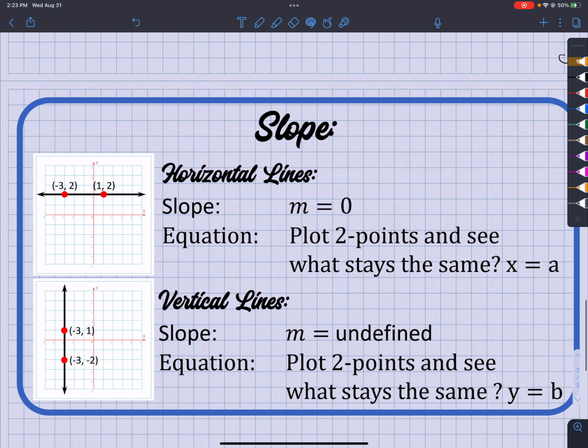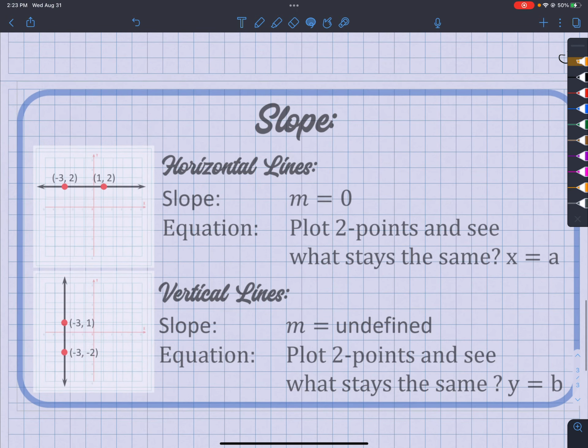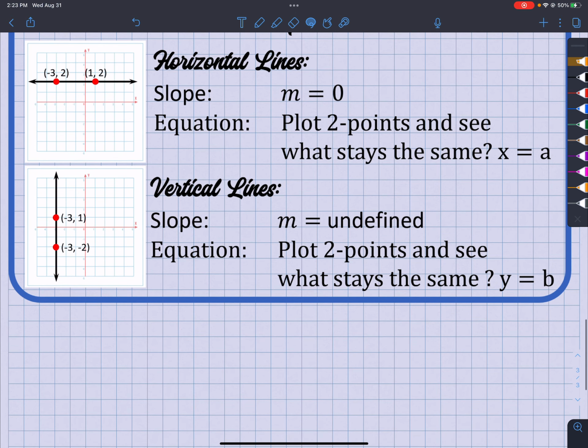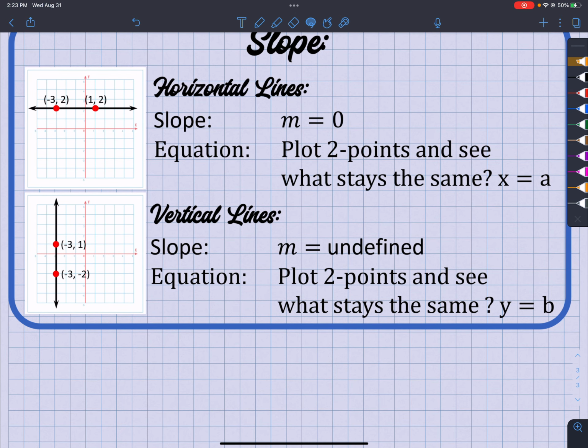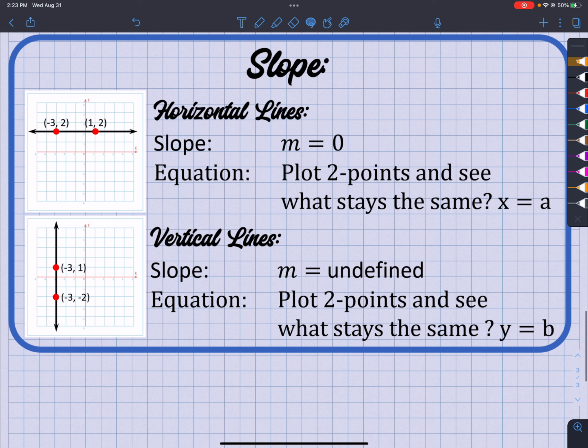Now, what about horizontal and vertical lines? One of the things I say is that horizontal lines have zero slope, so the slope is 0. When I draw a horizontal line, I like to just plot 2 points. When I plot the 2 points, now I can look at them and say, okay, what stayed the same?